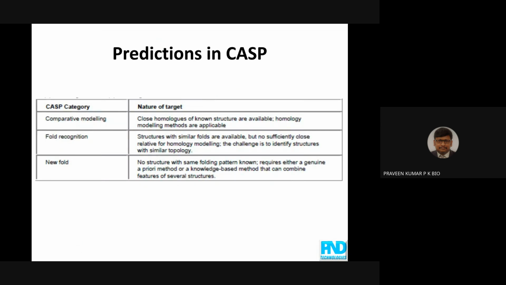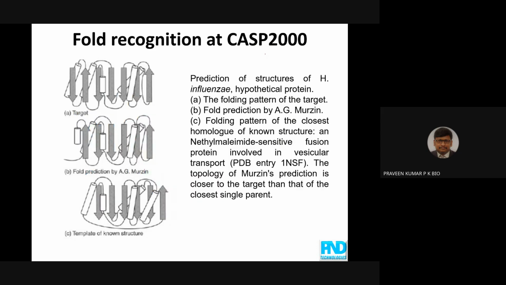The third method to predict the quality of protein is through the Critical Assessment of Structure Prediction tool, the CASP tool. If you see how the quality is predicted using the CASP tool, actually CASP 2000 is using this whole prediction by scientists.